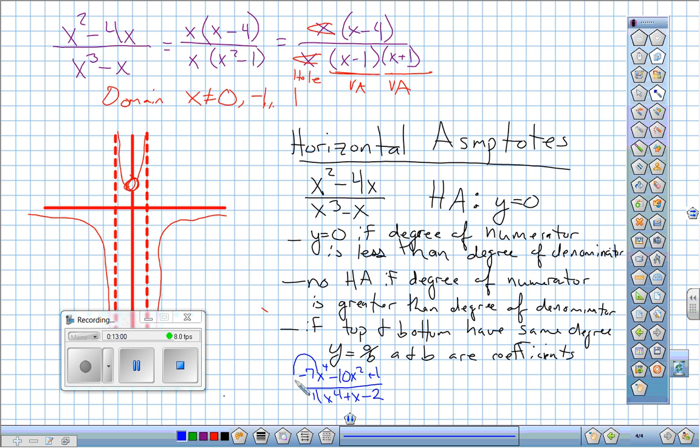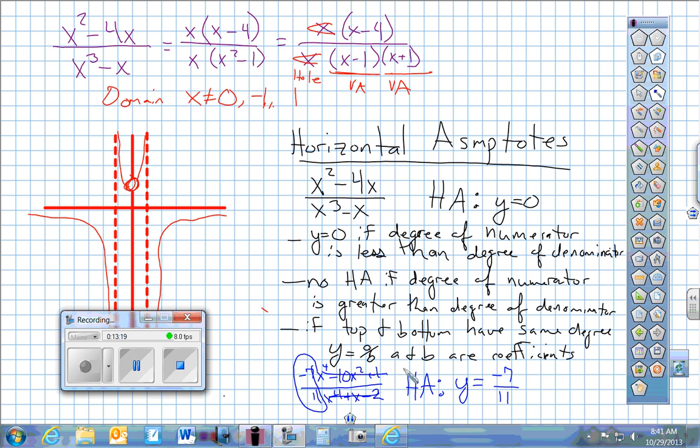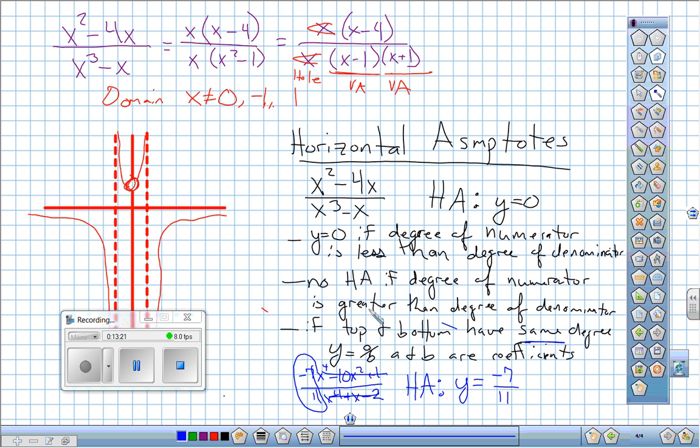And what's actually going to happen is these two numbers matter, and it absolutely does not matter about anything else over here to figure out what my horizontal asymptote is. So my horizontal asymptote would happen at y equals negative 7 over 11, whatever these coefficients are of my highest degree. Okay, so just remember same, bigger than, and less than.